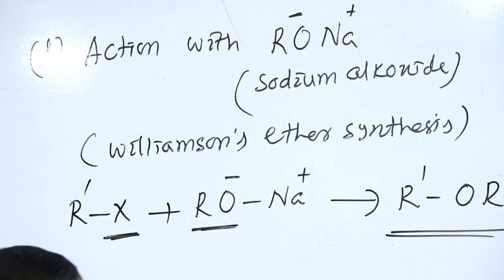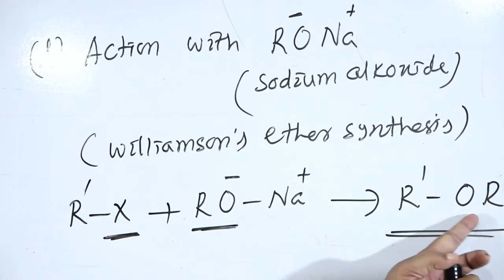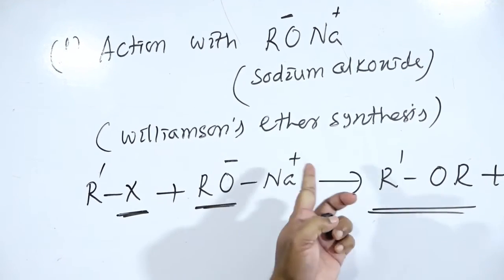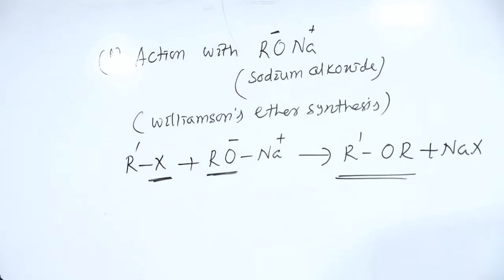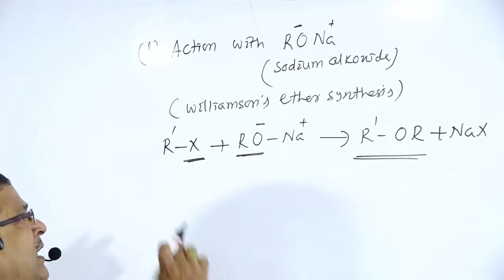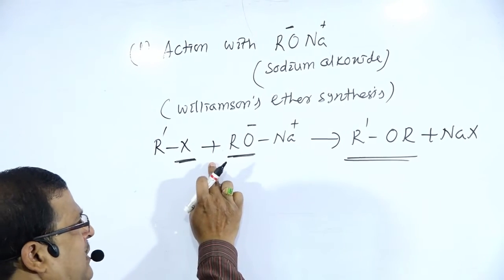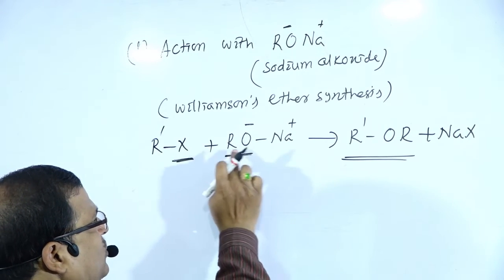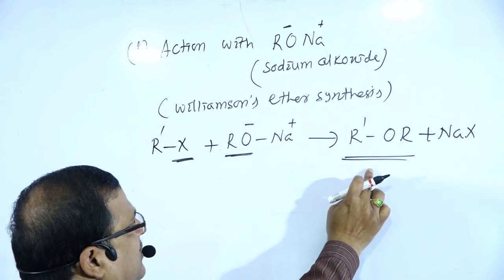What is the formula for this? The name is ether, ROR'. This reaction is known as Williamson's ether synthesis. Alkyl halides react with sodium alkoxide to form ether.